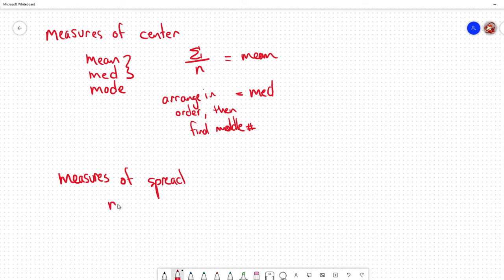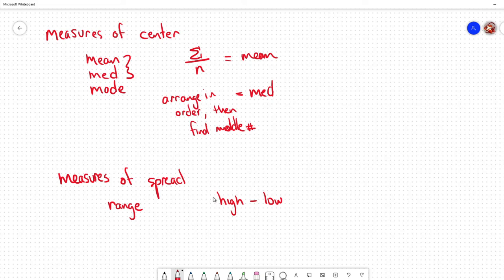A very basic way of measuring spread would be range. So remember how we calculate range? It is the highest score versus the lowest score. We do that little subtraction, and that tells us how wide the data is.